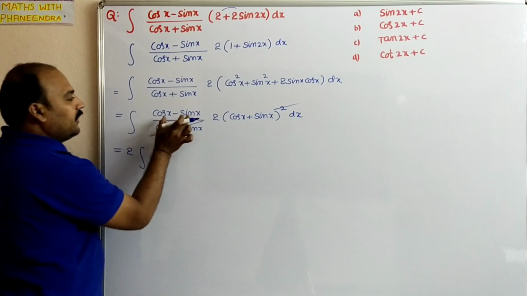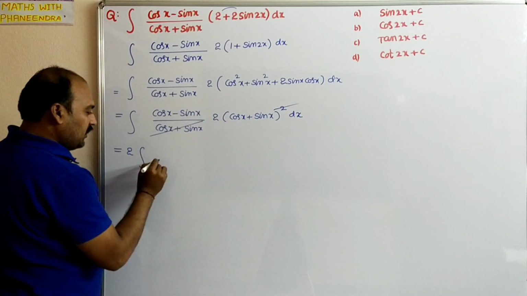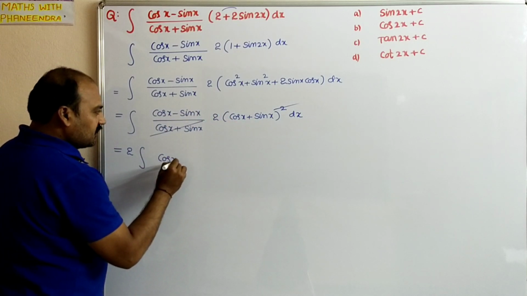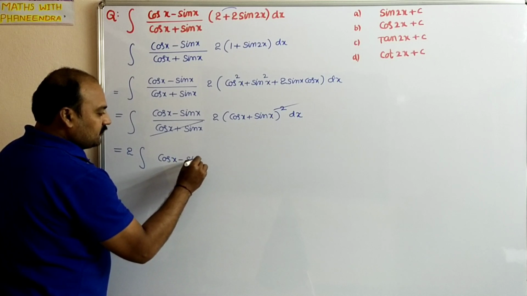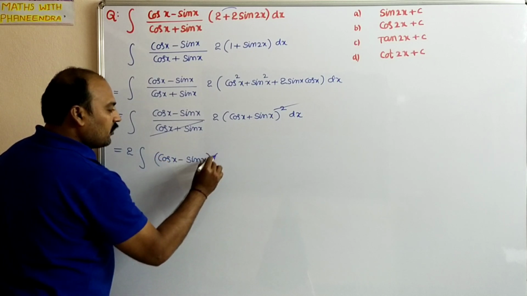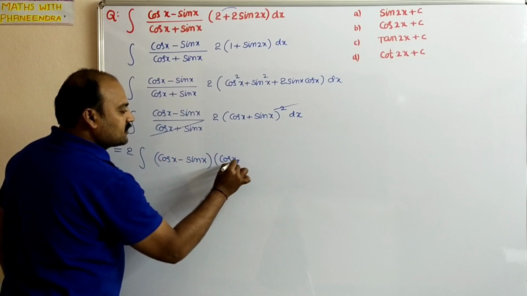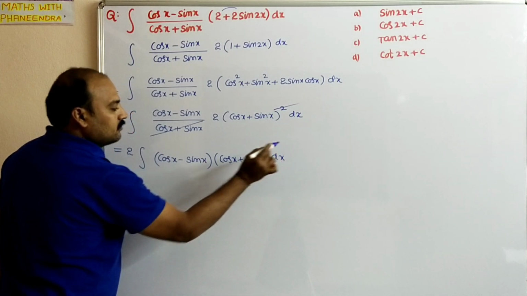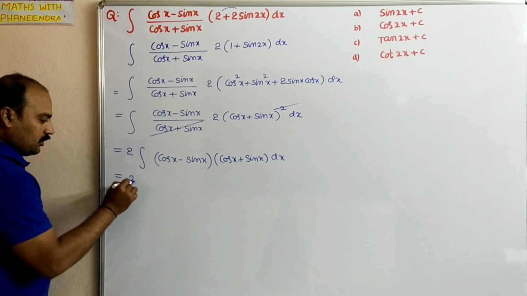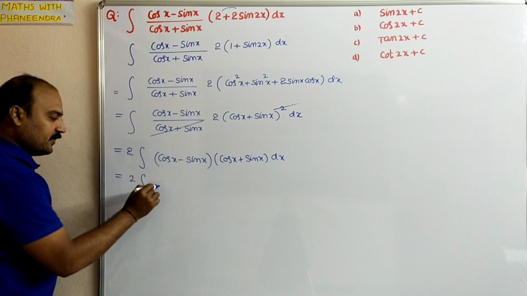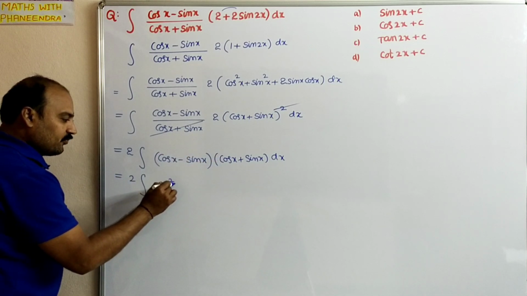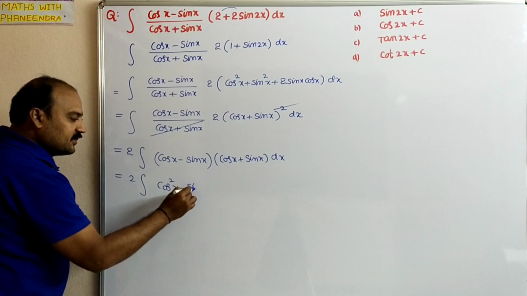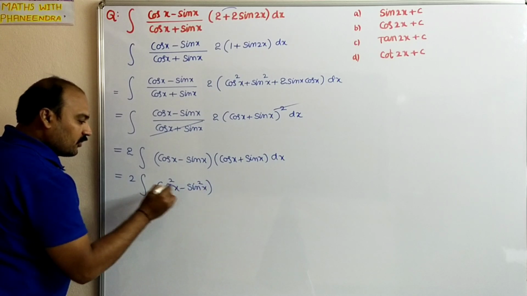Integral of a minus b into a plus b, cos x minus sin x into cos x plus sin x into dx. So 2 into a minus b into a plus b is a square minus b square, cos square x minus sin square x into dx.